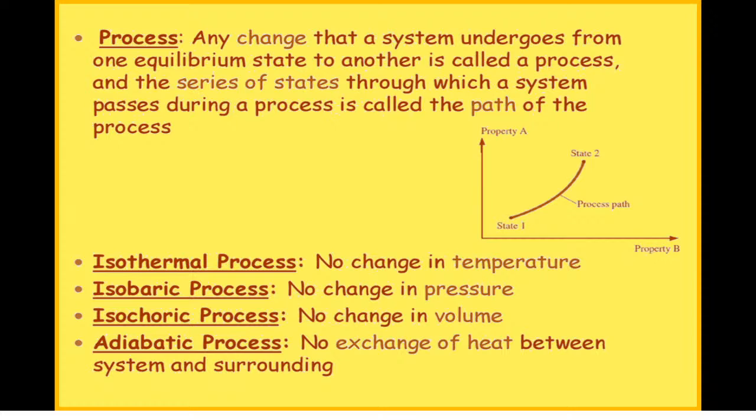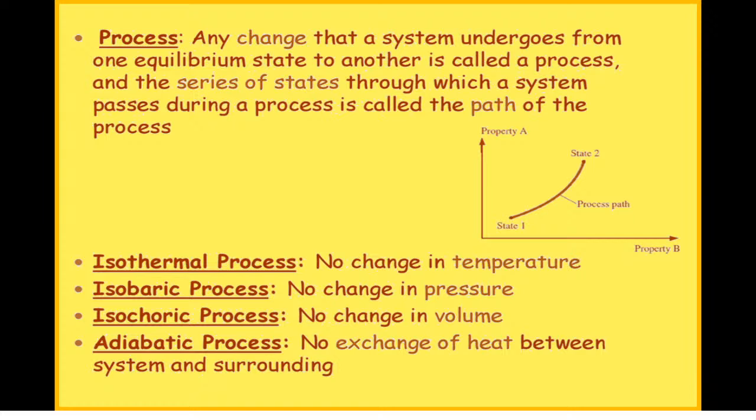Look here, you can see an illustration of that process. It was state number 1, and after that parameters follow the ways of their changes, and the system reaches state number 2.